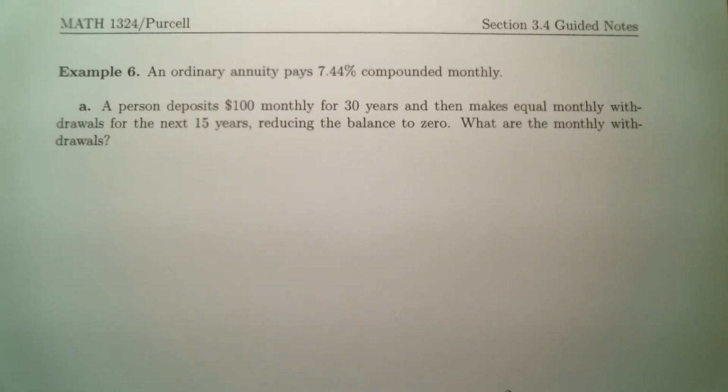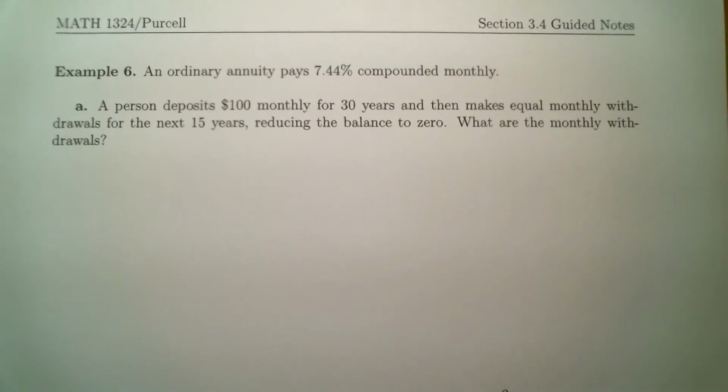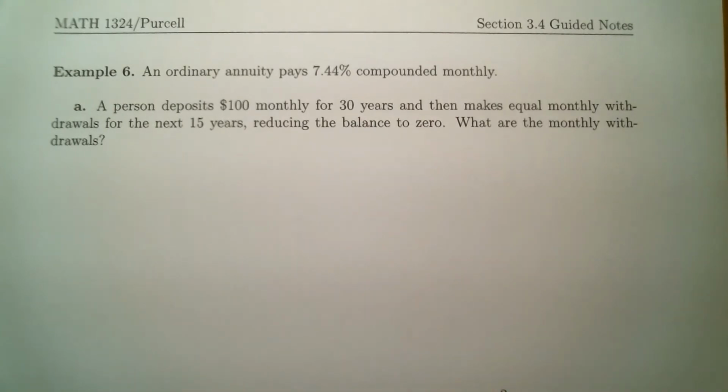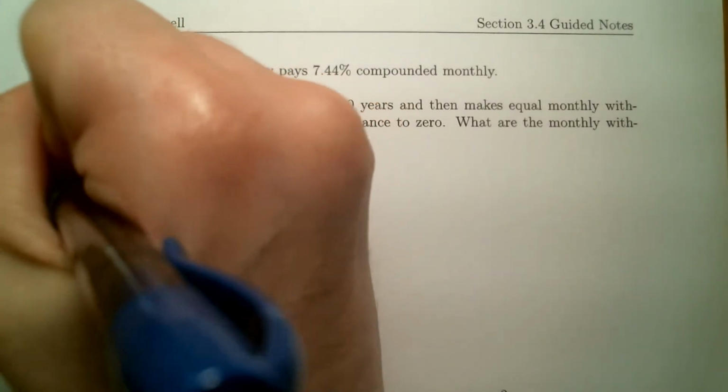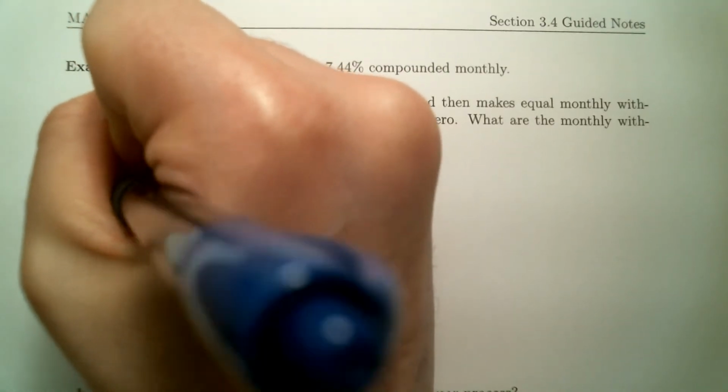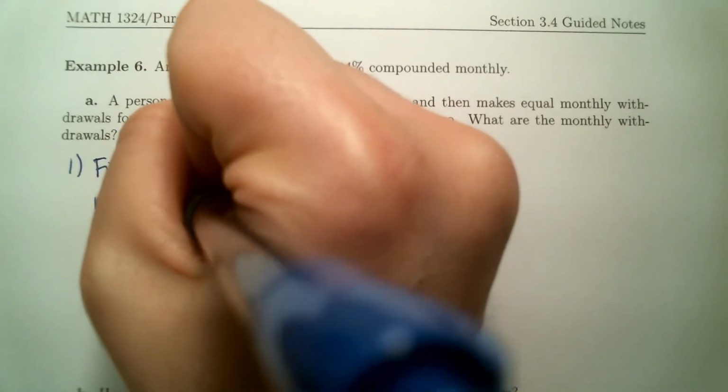This is the whole retirement process, both saving and withdrawing. So there are actually two steps to the problem. The first part is you've got to figure out how much money the person has saved for retirement.